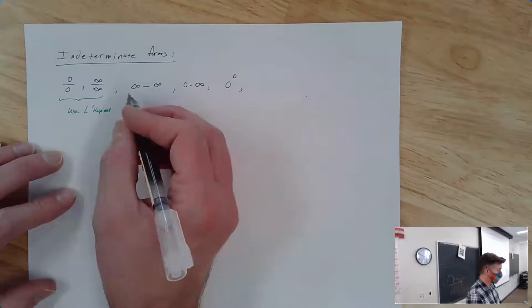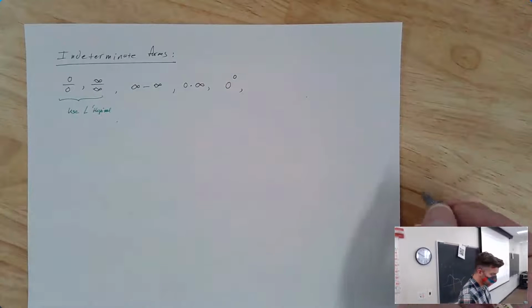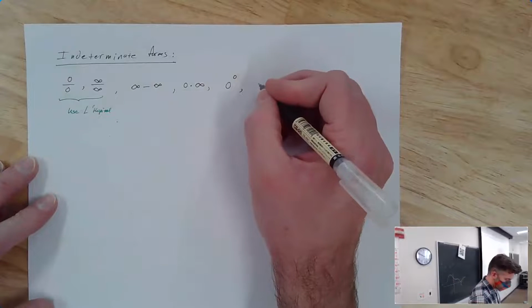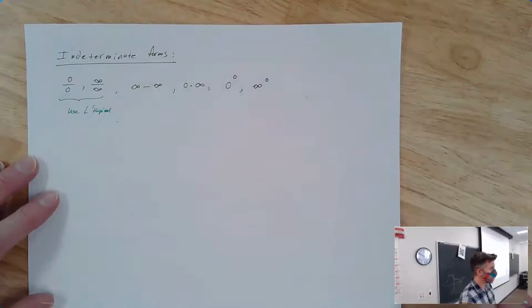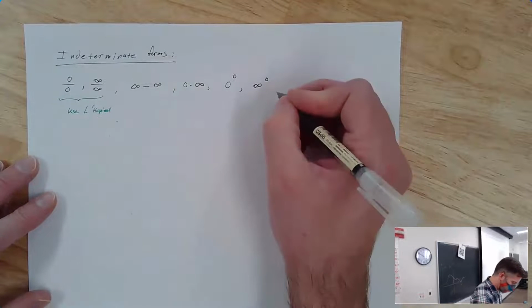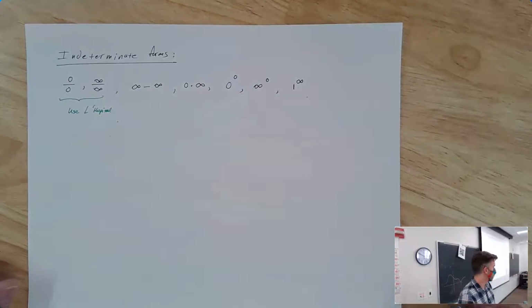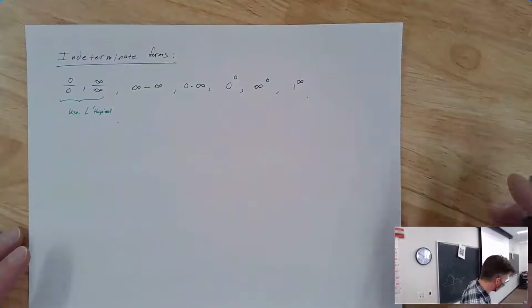Infinity to the 0 is also an indeterminate form, kind of weird. And my favorite one, 1 to the infinity. These are all indeterminate. We don't have time to talk about all of them today, but we'll talk about some of them.